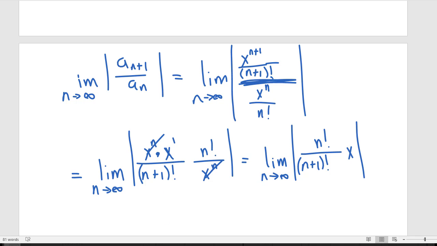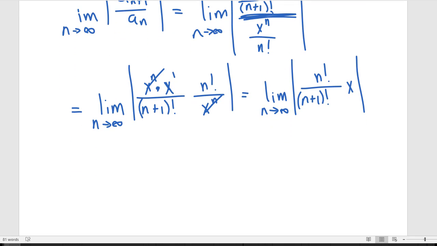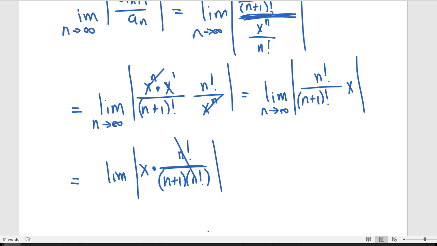Right? So then, remember, the other beautiful aspect of the ratio test is the factorials will clean up really nice. So I'm going to have the limit of n factorial, and then the n plus 1 factorial we're going to write as n plus 1 times n factorial. The n factorials cancel. So I'm going to go ahead and pull the x out.